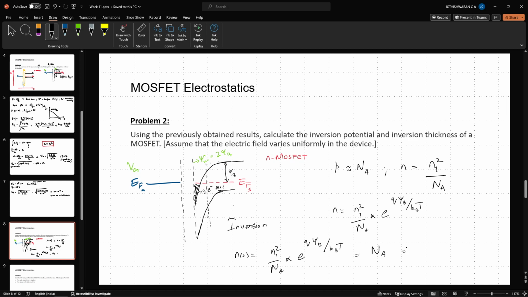For the neutralization case, we essentially just move this here and take the logarithm of that.